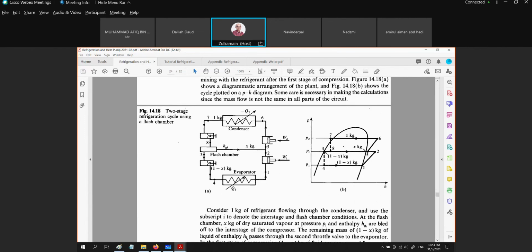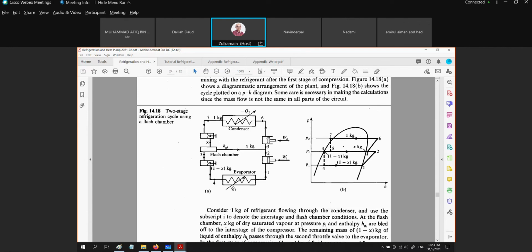So what we are going to do, we are going to use a flash chamber. And this flash chamber is to separate the vapor phase and the liquid phase. The vapor phase, we are going to flow to a second compressor.